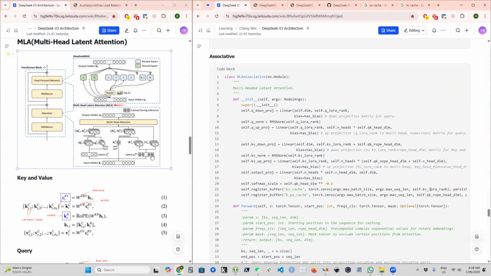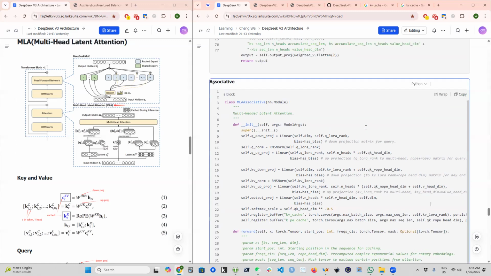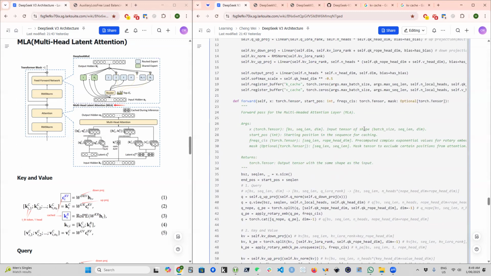So we only cache in the diagram. You see here, the naive version, what the former KV cache does is caching the projected multi-head version, like the naive one here, right?